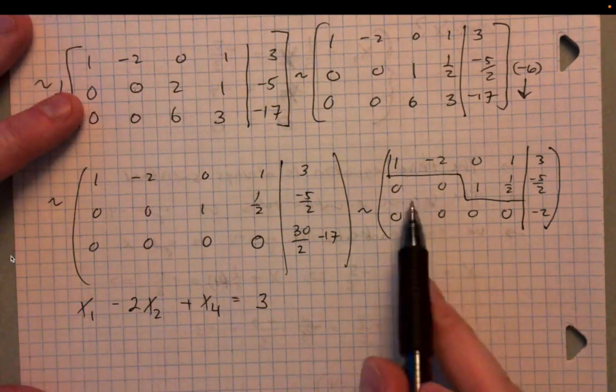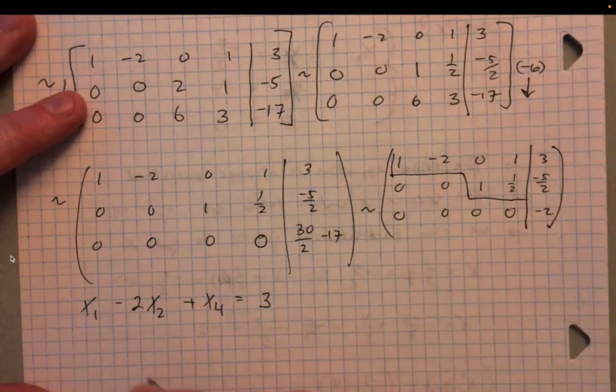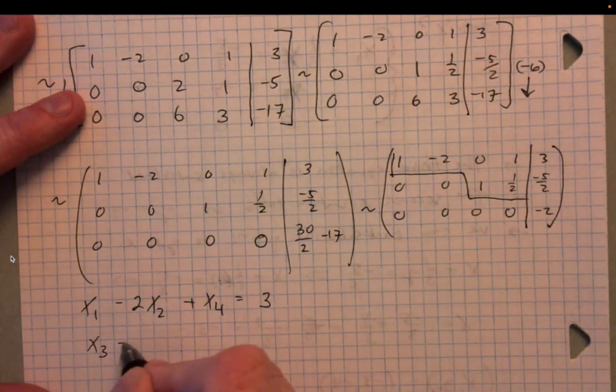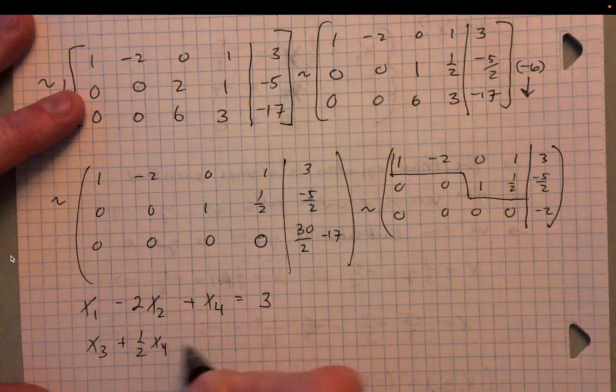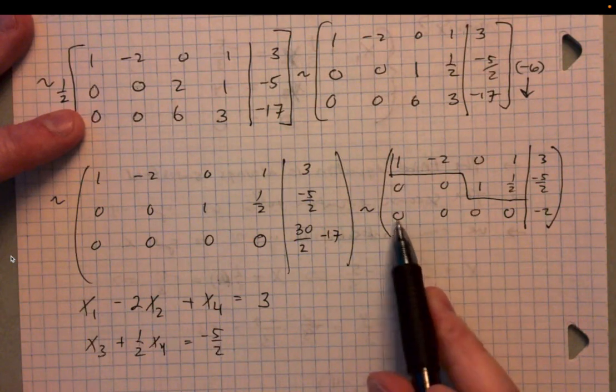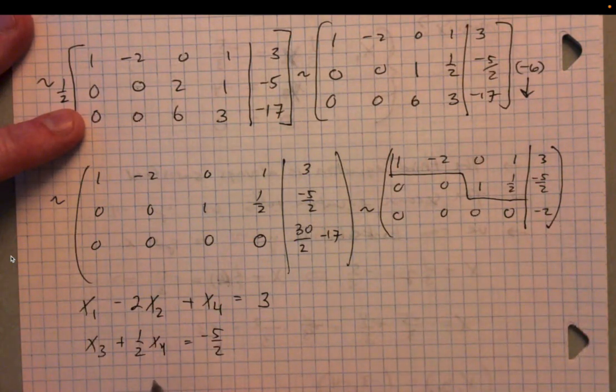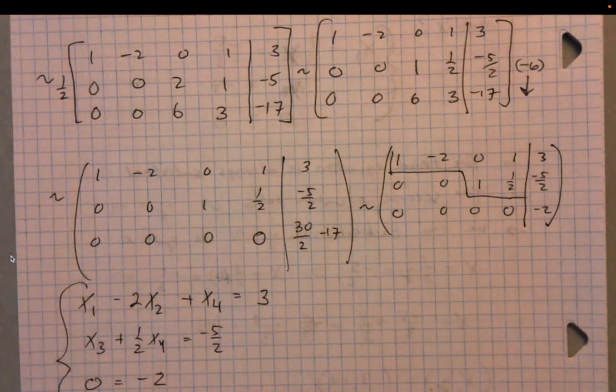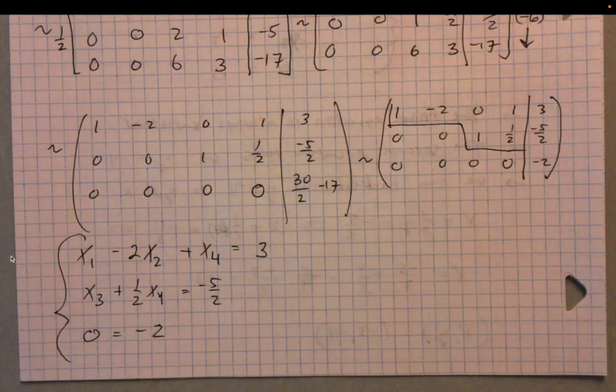That's row 1, and then row 2 is x3 plus 1 half x4 equals negative 5 halves. And then row 3 is 0 equals negative 2. Okay, and so that's the system that I'm left with after I do all the reduction to the matrix.